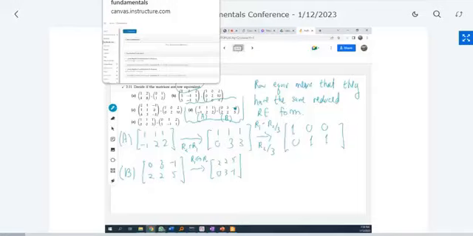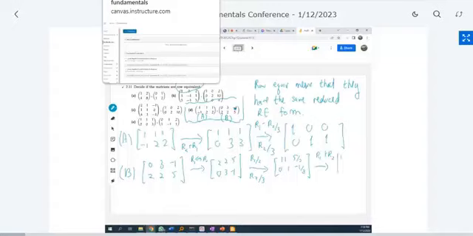I can actually do a bunch of things here now. I'll just do it out longhand. So this is R1 over 2, and this would be R2 over 3. And so that would give me 1, 1, 5 halves. And this would give me 0, 1, minus 1/3. Okay, so I'm almost there. I just need to take R1 minus R2.